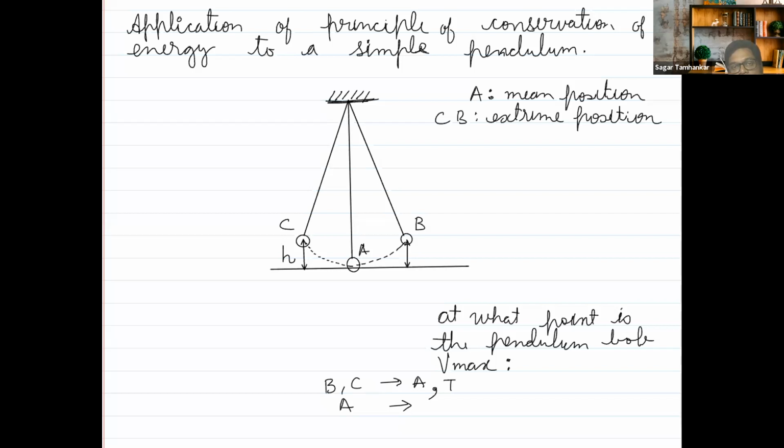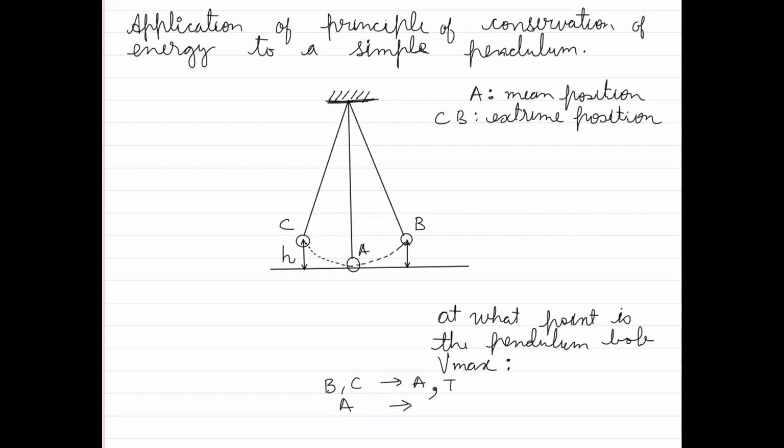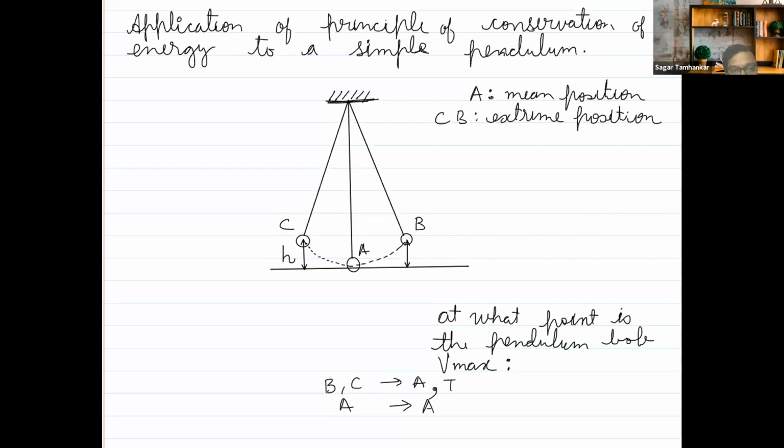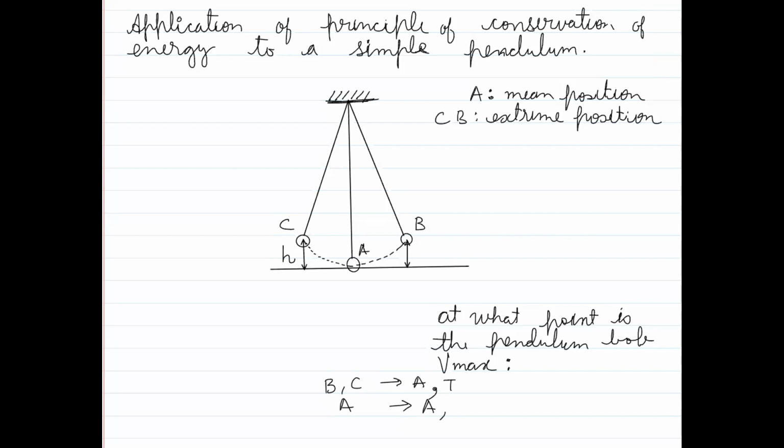If it is at C, it will go there, come back. So that's how the pendulum usually moves. So in that whole journey that it is oscillating, at what point is the velocity maximum is my question. A. Okay, so you said A. Rashmi, what is your answer?